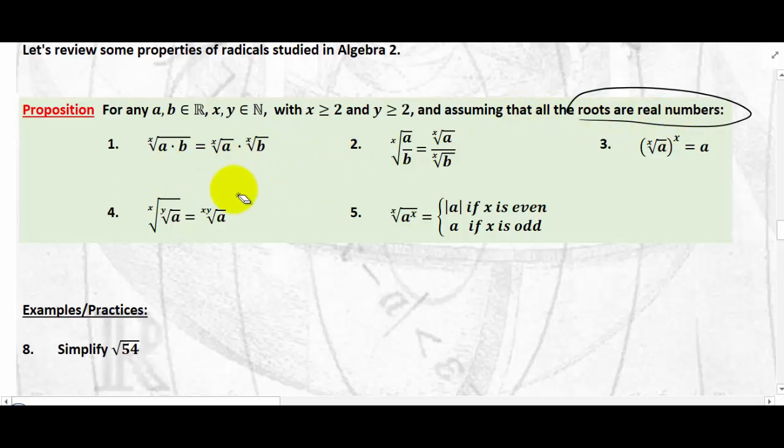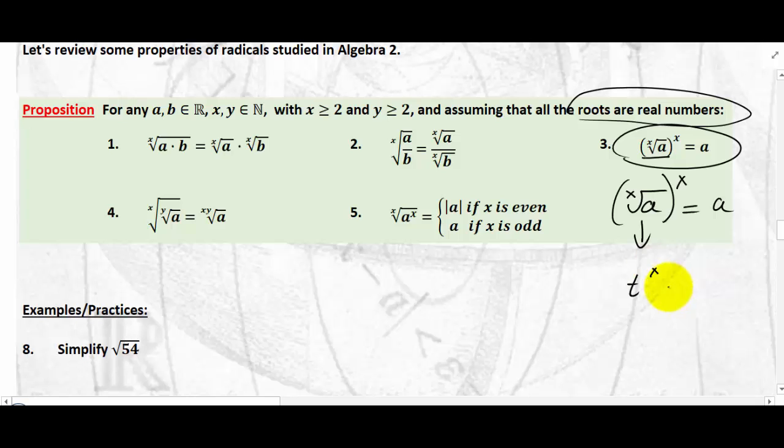So the root of a ratio is the ratio of the roots. There's nothing to say here. This is a definition of this symbol. If you take the x root of a and you raise that to the power of x, you're going to find a. Why? Because by definition, the x root of a is a solution, I'm going to call my variable t, to the equation t to the x equals a.